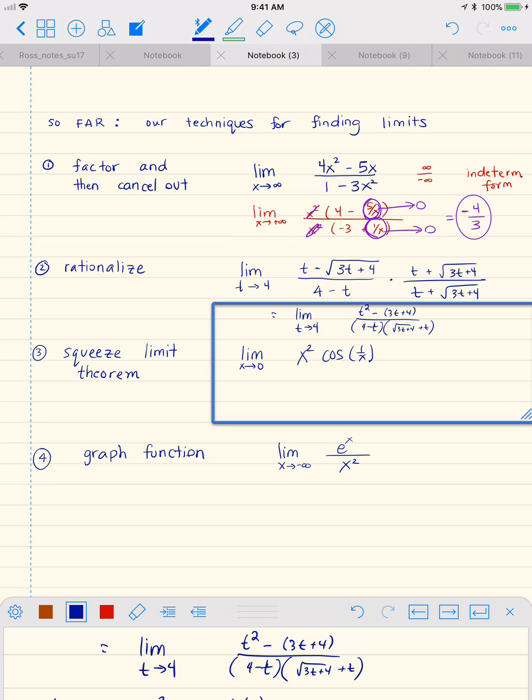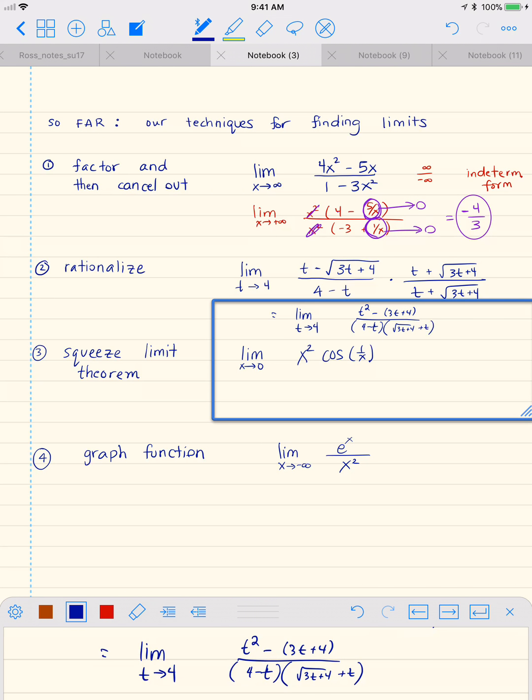Now this numerator, t squared minus 3t minus 4, simplifies to t minus 4 times t plus 1. So now this t minus 4 in the numerator and the 4 minus t in the denominator cancel out, and we're left with just a negative 1.